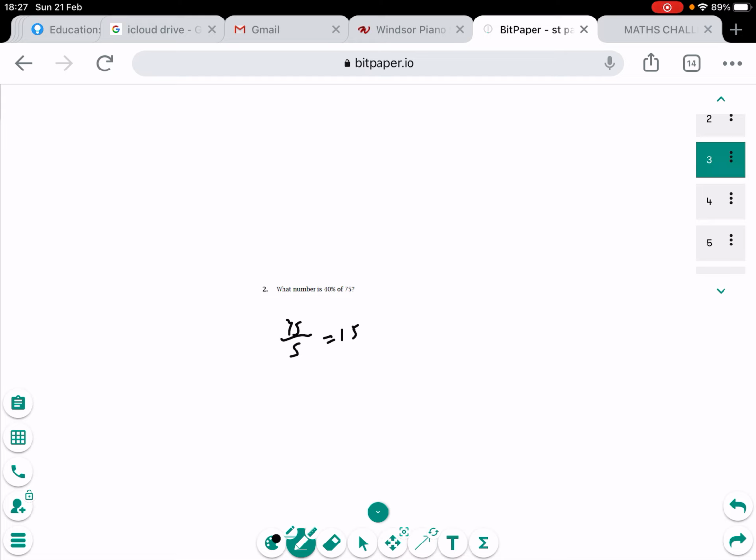Yep. So 15 is 20%. Now you take 15 times 2, which equals 30. So that's 40%. So our answer is 30.